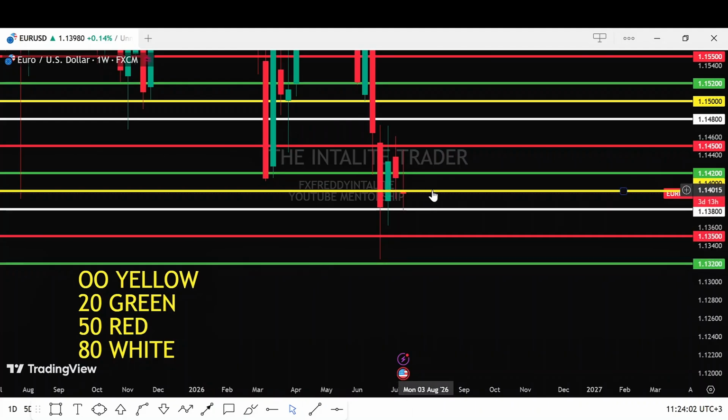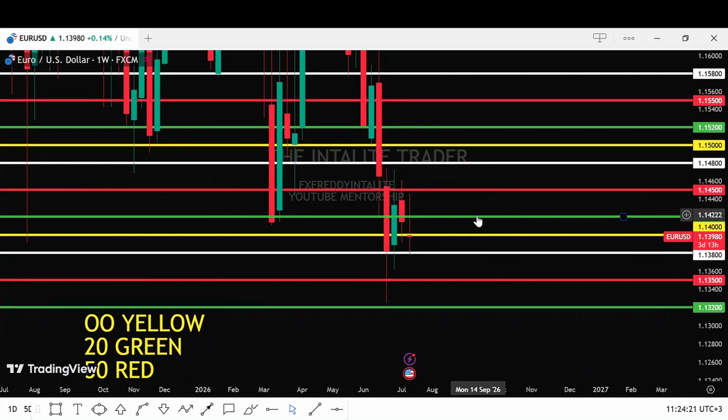00 is the yellow color, 20 is the green color, 50 is the red color, and 80 is the white. Then we again go 00, 20, 50, 80.